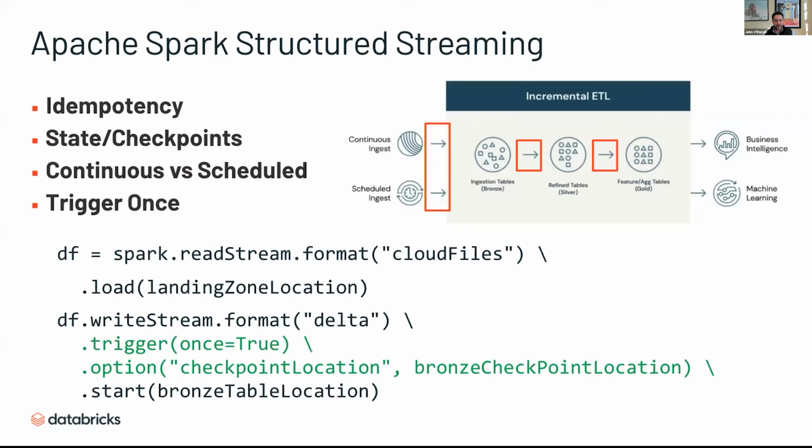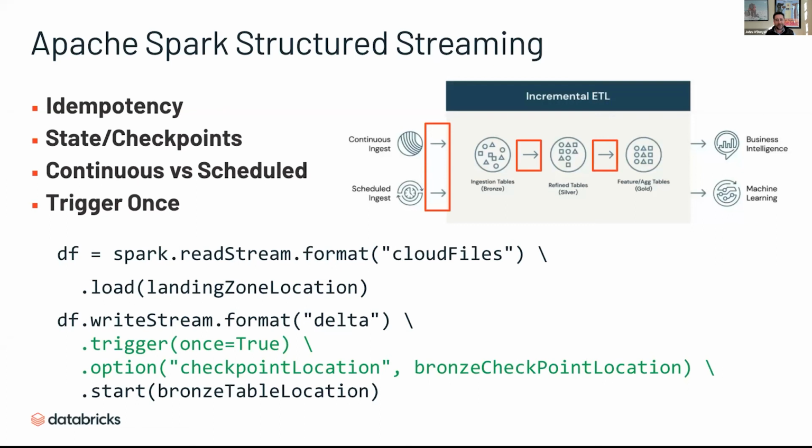So as I mentioned, there's two main components to incremental ETL. Those are Apache structured streaming, which we'll discuss here, and the attributes of it that lend itself to incremental ETL. The other being Delta Lake, and we will discuss the features that we use in incremental ETL in a second as well.